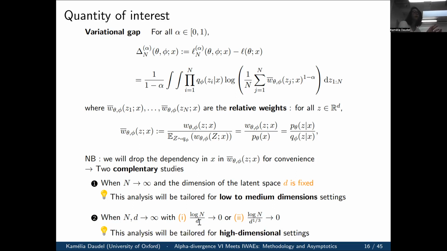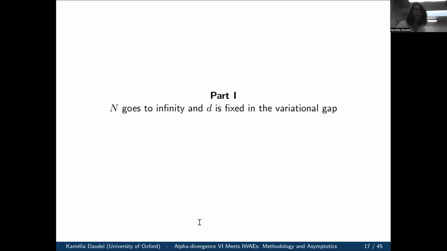And the second one will be tailored for high dimensional analysis. That's why we're saying those studies are complementary. So let's start with the case where N goes to infinity and D is fixed in the variational gap.